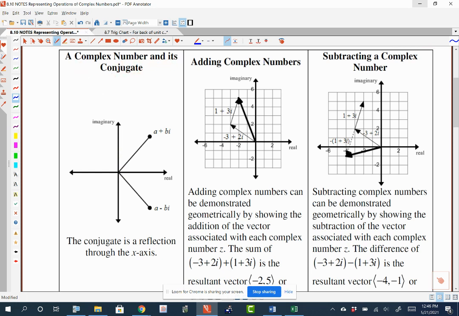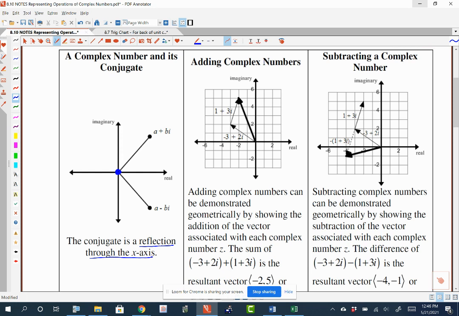So remember, if we're starting at the origin, we go over a real distance and up that imaginary distance of b, and we also have conjugates, which go the same real distance, but the opposite imaginary distance. So anytime we have a conjugate, it should be a reflection across the x-axis, because all that's changing in a conjugate is that imaginary piece.